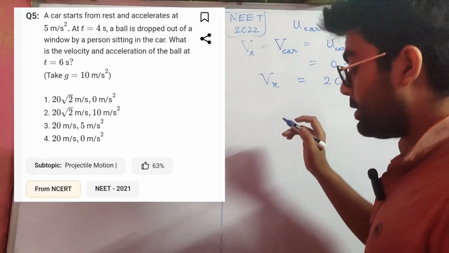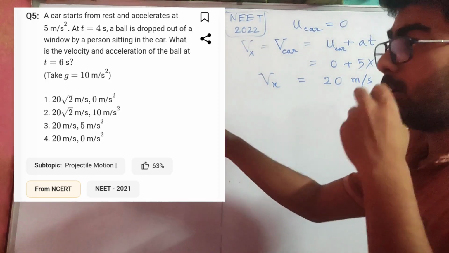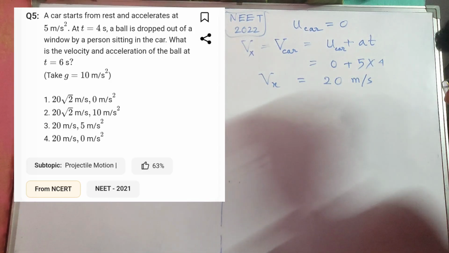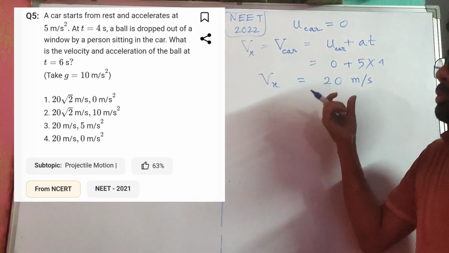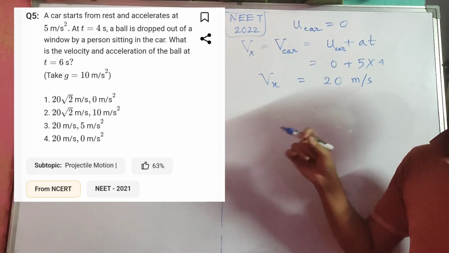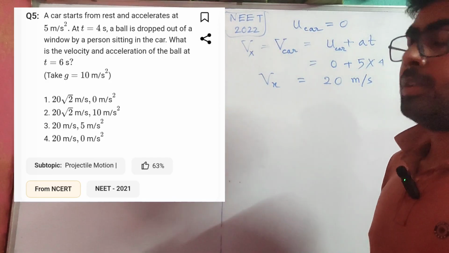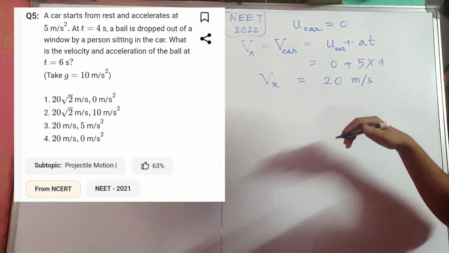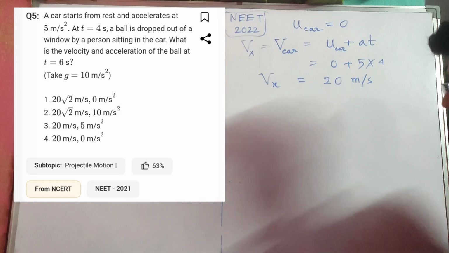The horizontal velocity of the ball remains constant, always constant. After the ball is dropped from the car, the horizontal velocity of the ball is always constant.